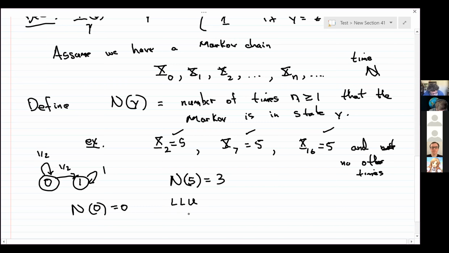In that case, the number of positive times you're at 0 would have been 2. Because you were here at time 1, and you were here at time 2, and then you went up at time 3. So you actually were at state 0 2 times. So I'm explaining what capital N is in terms of this.